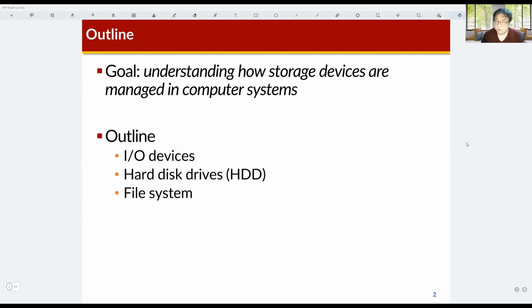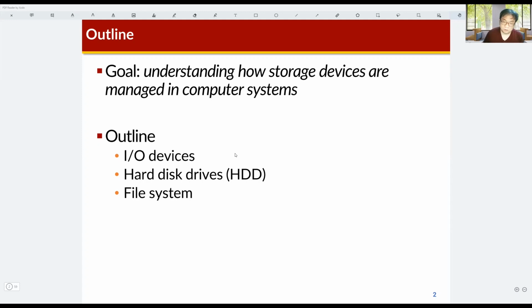This time we will learn how the operating system controls the input and output devices, because a conventional storage system like a hard disk drive also communicates with the CPU via IO, input and output communication media such as SATA or IDE.